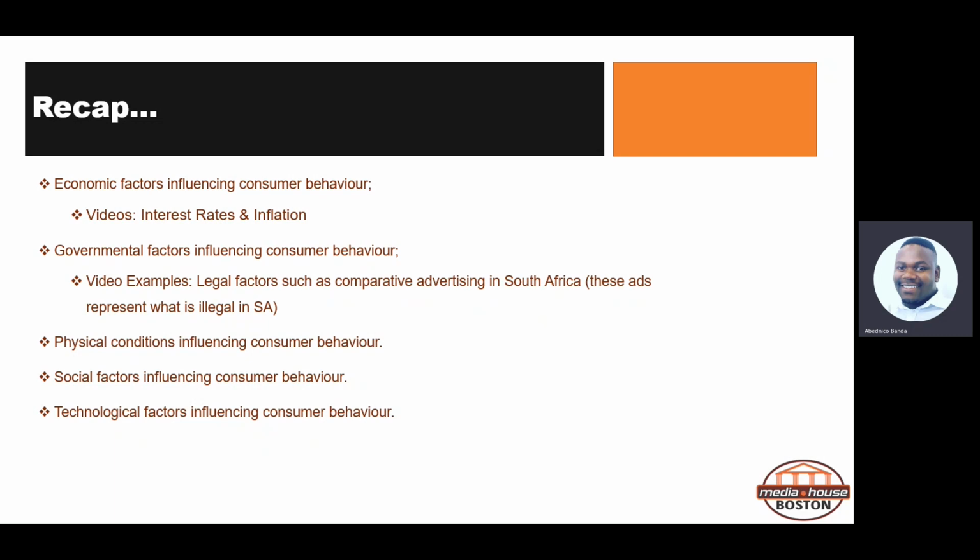So we looked at the PESTEL factors: political, economic, social, technological, environmental, and so on. Now we are going to look at the recent developments within societies.